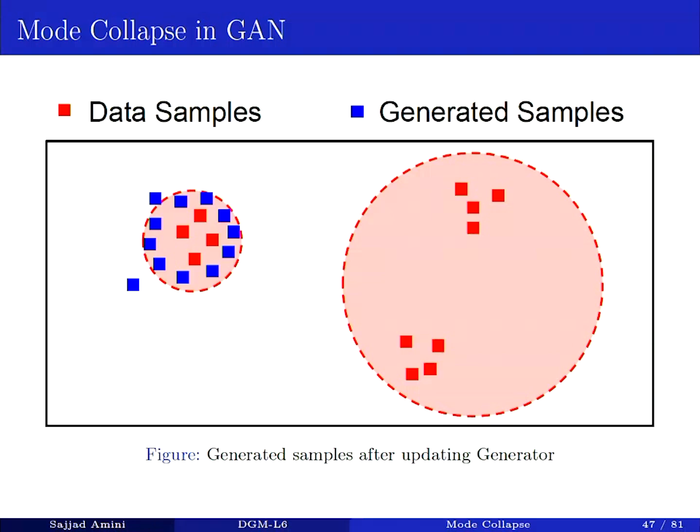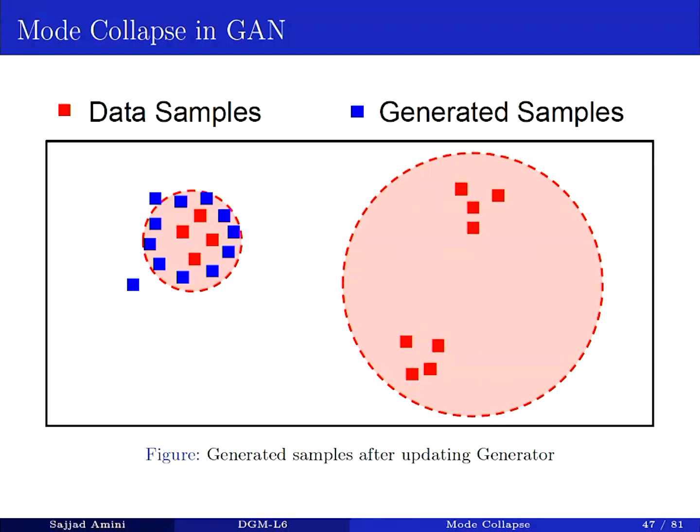So I have this situation. Now assume that the capability of your discriminator is not enough to reduce the dimension of this circle anymore. What do you think happens?